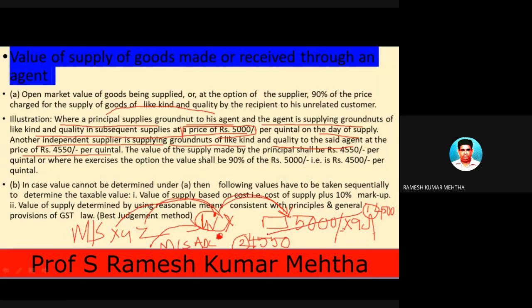Among them, whichever is conducive for Mr. XYZ will be the value of supply of goods made through an agent. So certainly the amount taken as the value of supply in the hands of XYZ will be 4,500, because he wants to reduce the tax burden. This is the way you can answer this kind of situation.